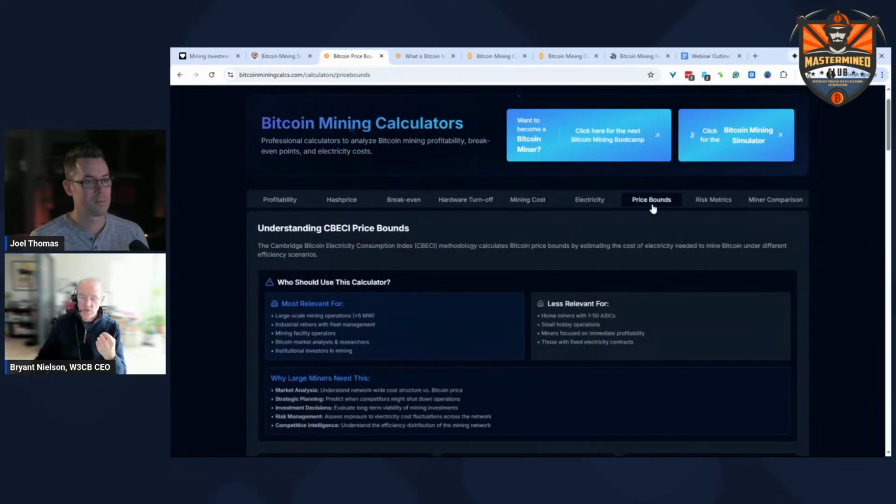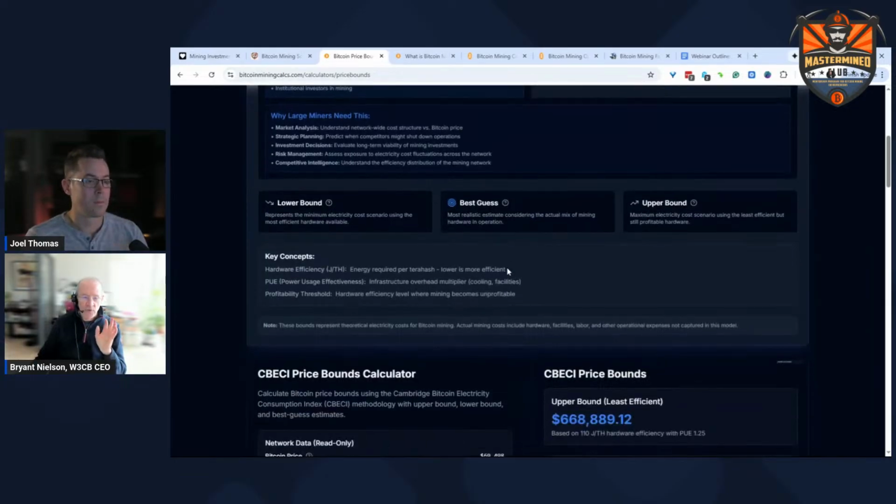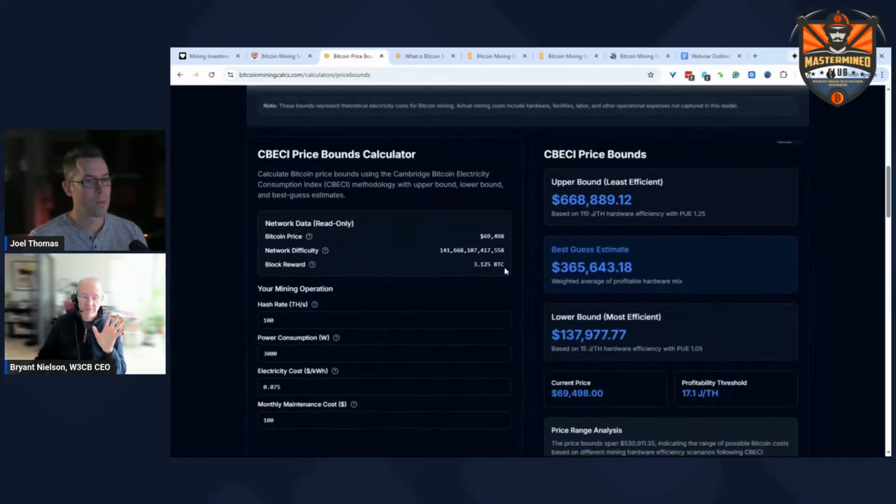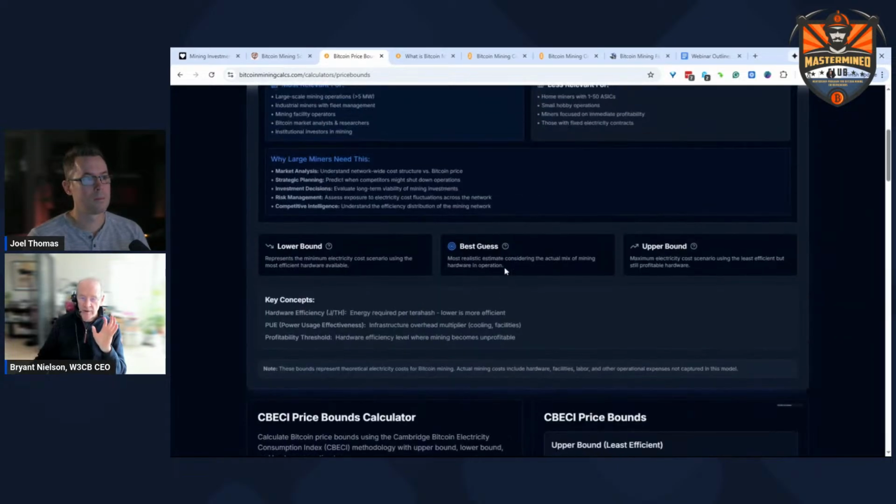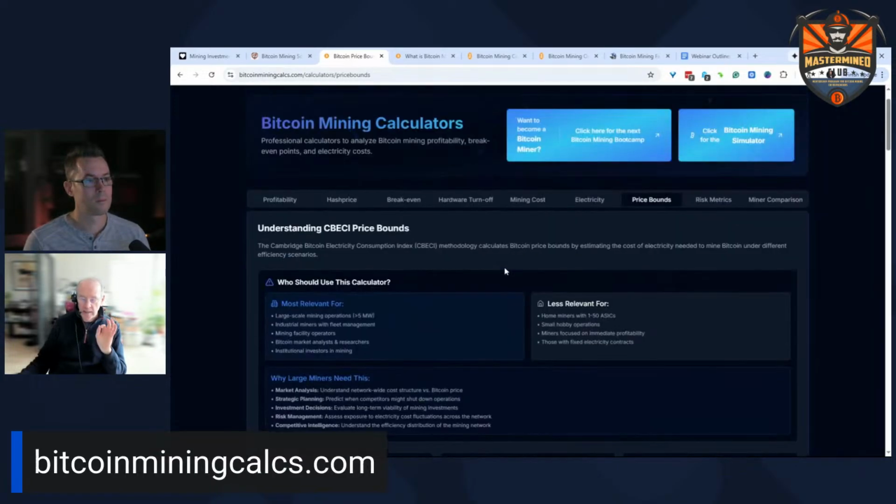And of course, price bounds is a little bit more difficult to understand, so I'm not going to go into this one. There's information about this. It is built on the Cambridge Bitcoin Electricity Consumption Index methodology, and it allows you to figure out how it's going to impact you in the professional Bitcoin mining space.